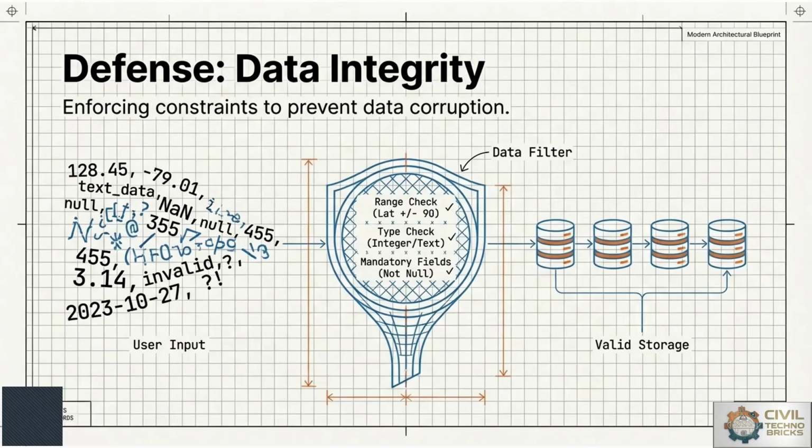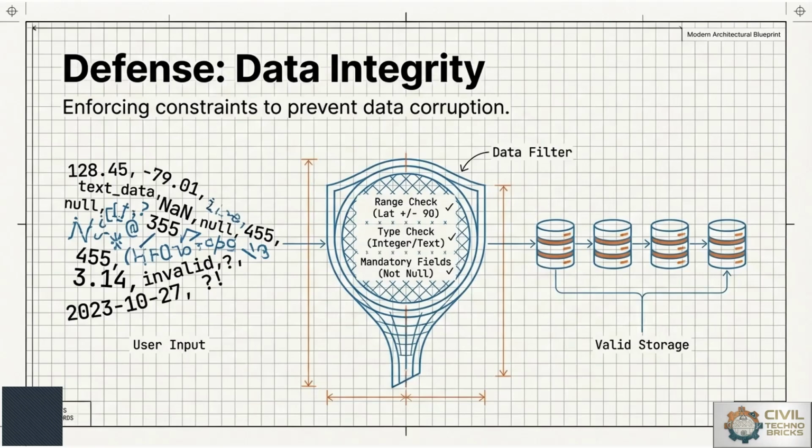So data integrity protects GIS datasets from incorrect or corrupted information. In remote sensing and GIS, large spatial datasets require accurate and reliable input data. Validation rules help ensure that only correct geographic and attribute information is stored.